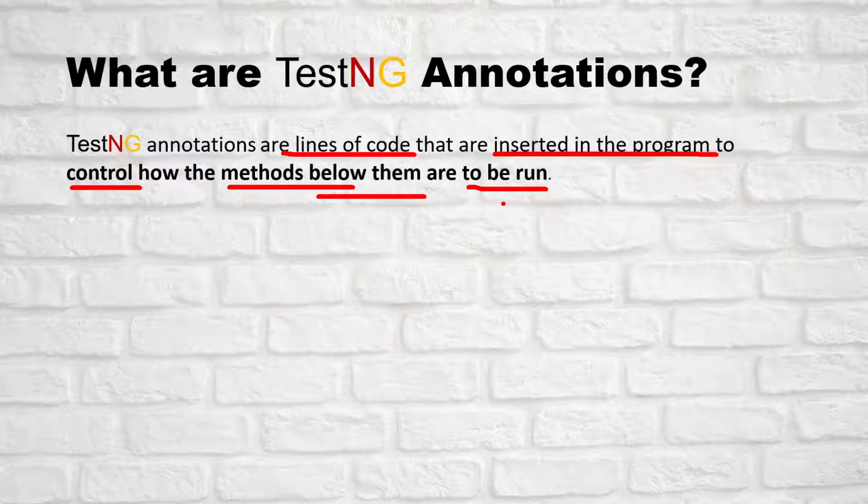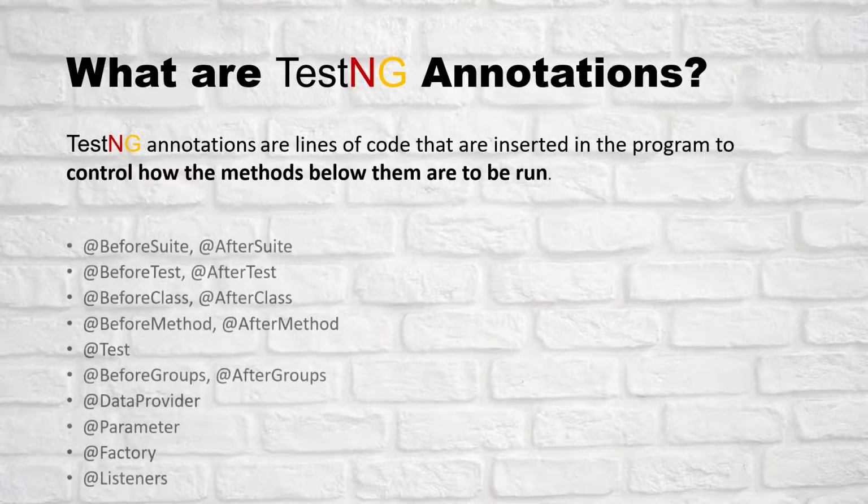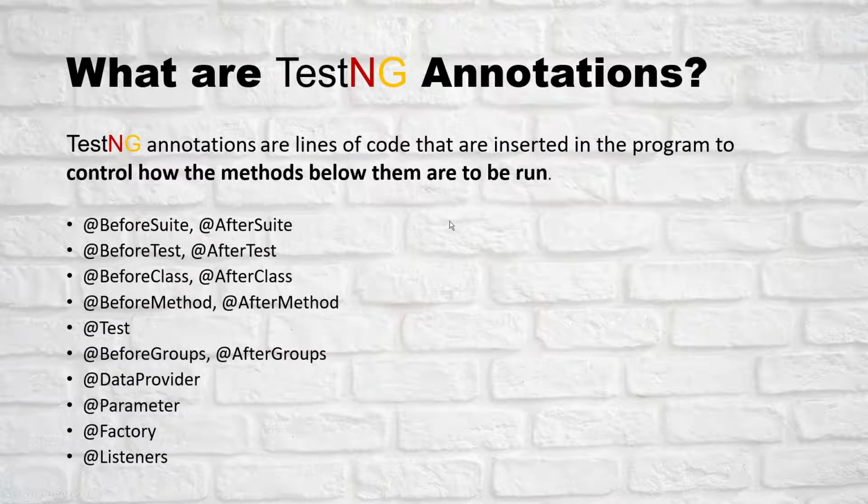If you are confused, then don't worry about it, because we don't understand a definition in one go. We see some examples, and only then do we come back to the definition, and it makes sense, right? So let's go to the next section: what are the different annotations provided by TestNG?